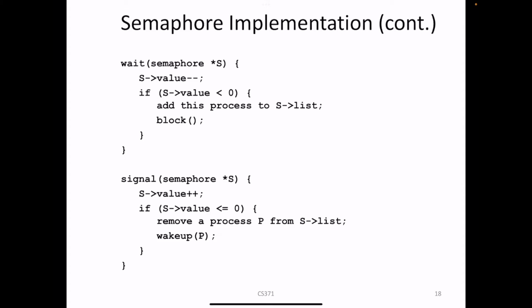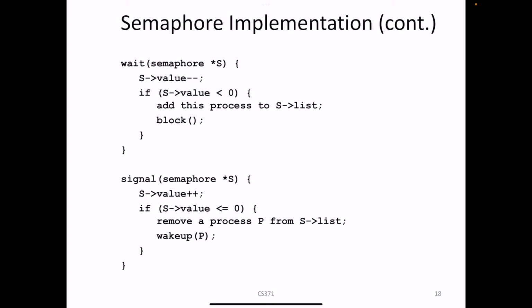If yes, it means no other processes can go beyond this point. They have to wait. Then add the current process to the waiting queue. At last, call the block function. Remember, what the block function does is place the process into the appropriate waiting queue and take the process out of the CPU to wait there.